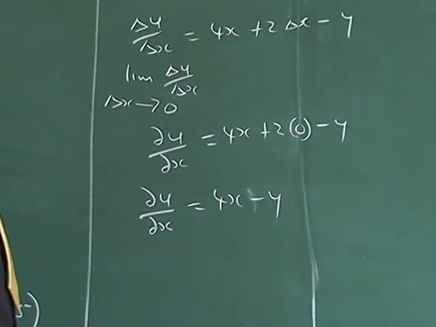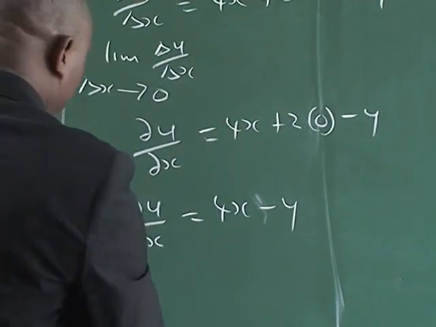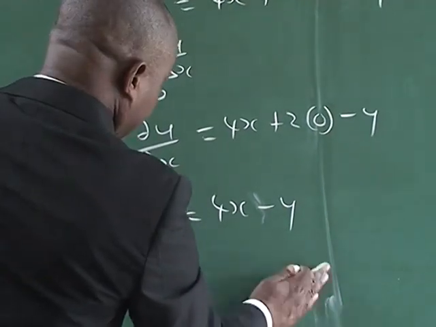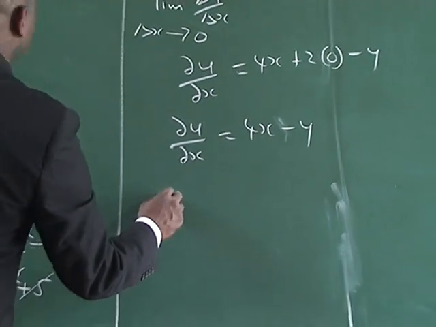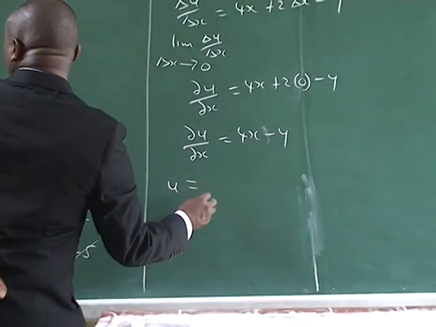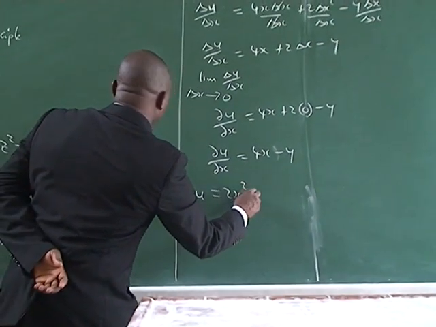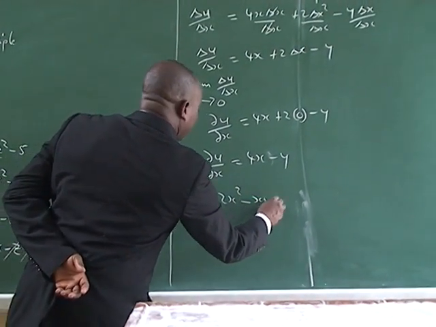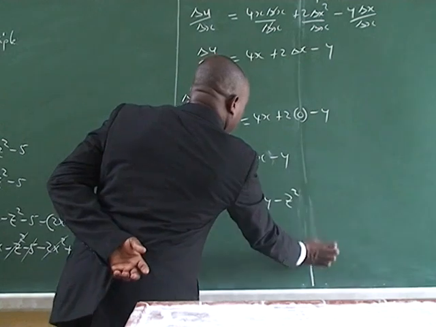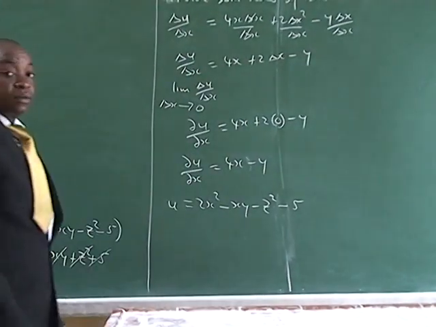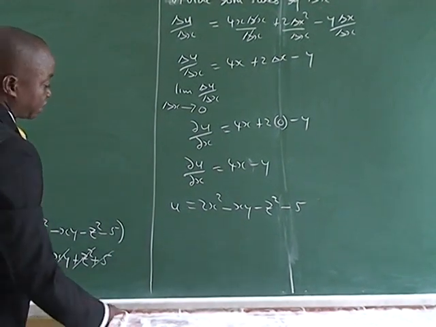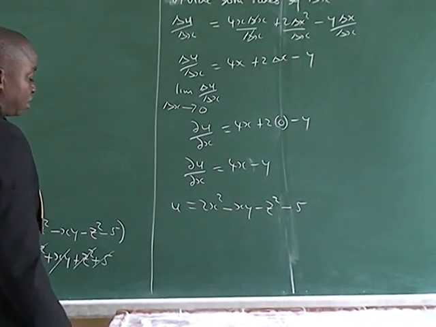Alright. Now we can also find partial u, partial y. Let's define for partial y. We have the function that u is equal to x squared minus xy minus z squared minus 5. Remember, we want to find partial u, partial y.